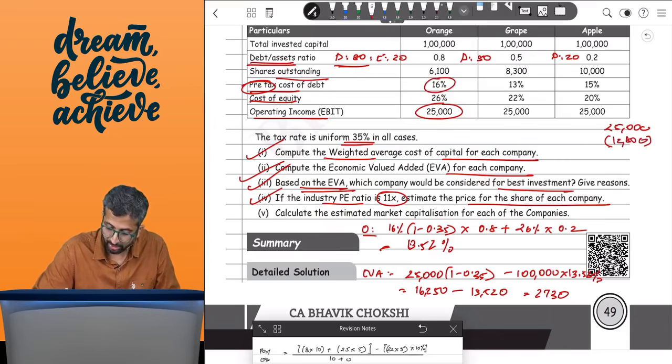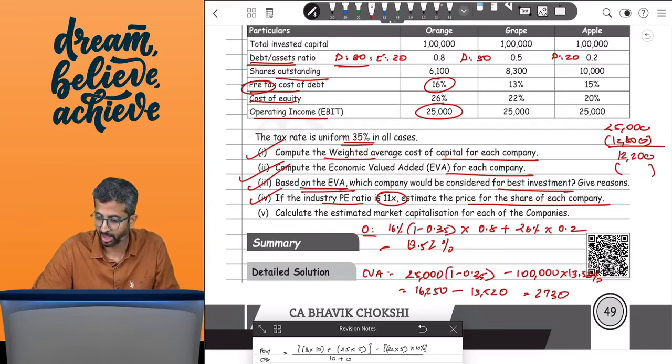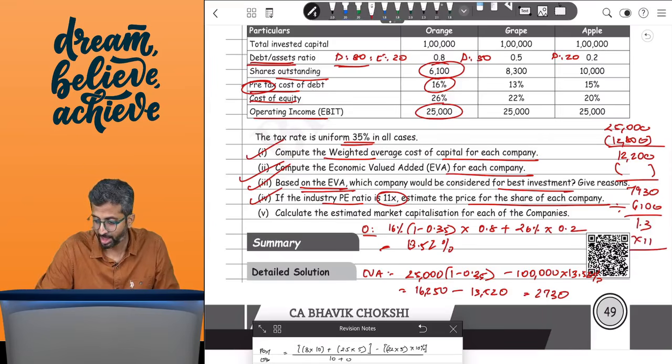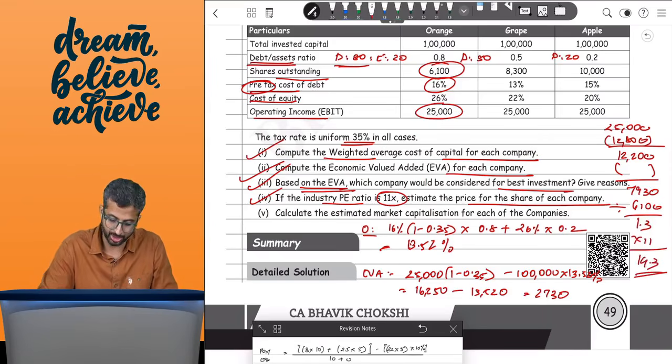So, this is my EBT, which is 12,200. Now 12,200 minus a 35% tax rate, which comes to 7,930. Now 7,930 is the profit divided by number of shares, that is 6,100, and hence divided by 6,100 comes to, I think, 1.3 being EPS into 11 being the P/E, and hence I think 14.3 will be my market price.